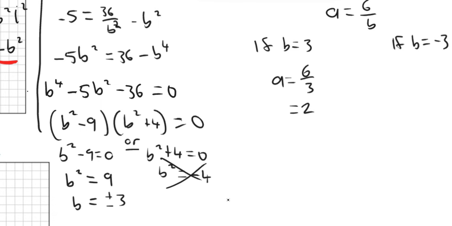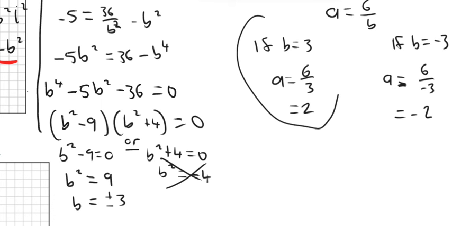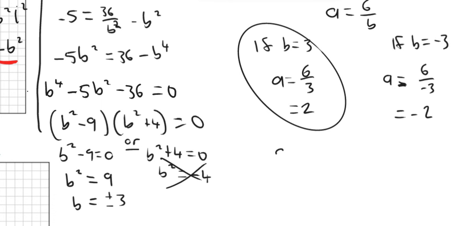If b is minus 3, then a equals 6 over minus 3, and that's minus 2. So our two answers would be, for the first one, 2 plus 3i. I'm just putting it into the form a plus bi. And the second one would be minus 2 minus 3i. So there are two answers.